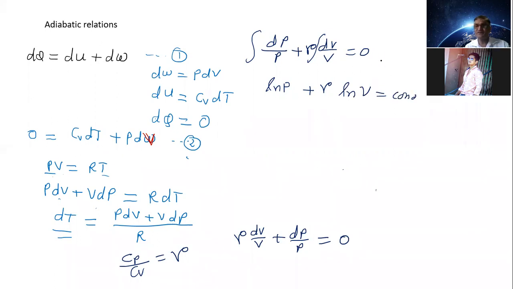Integrating this equation, we can write this equation as log of P plus log of V raised to gamma is equal to constant.